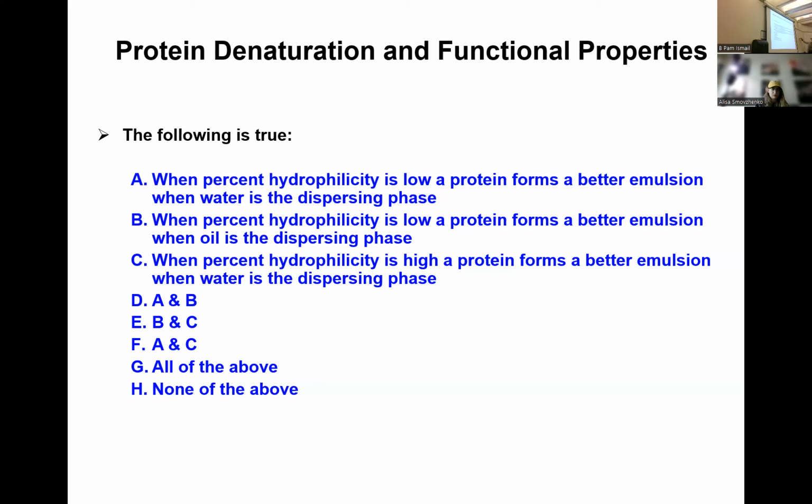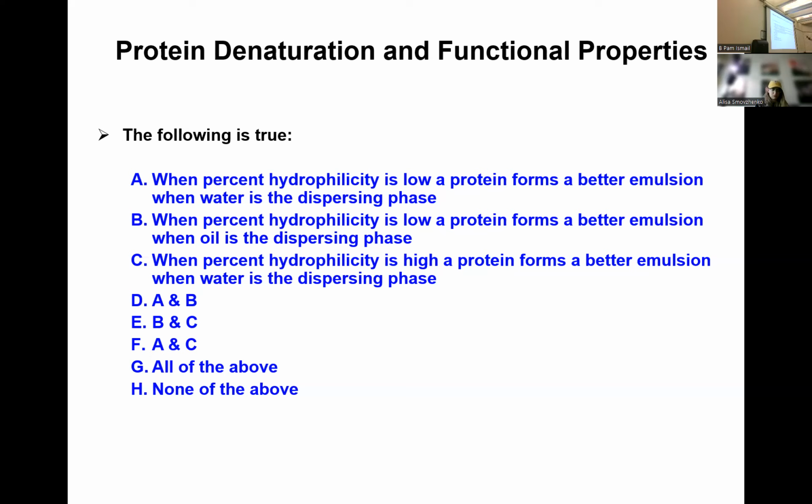If this is water, so it's an oil in water emulsion, then you want a lot of hydrophilicity because you have a lot of interaction with the water, and you have protein solubilized in the water because you want that viscosity to be higher to stabilize the oil droplets and prevent coalescence. So you want good hydrophilicity and good solubility of the protein to cause steric hindrance and repulsion, and to interact with water and increase the viscosity of the dispersing phase.